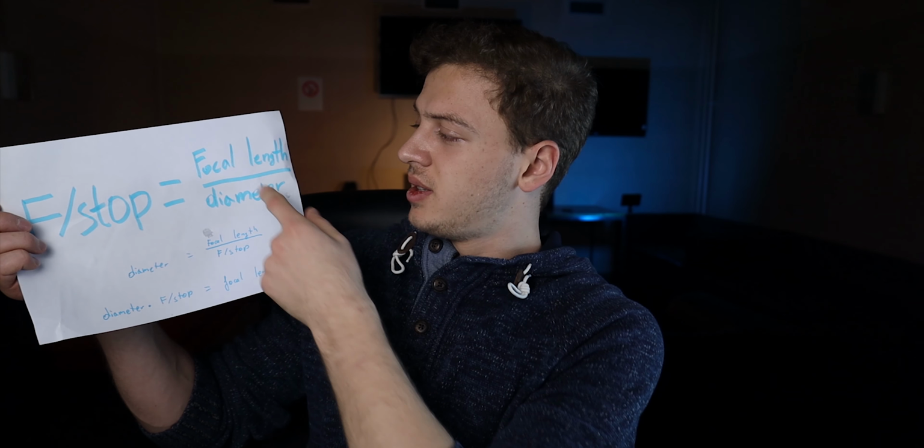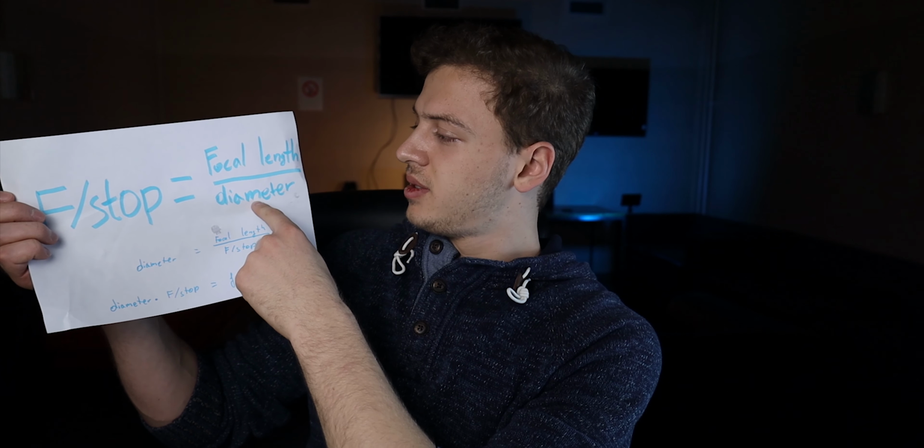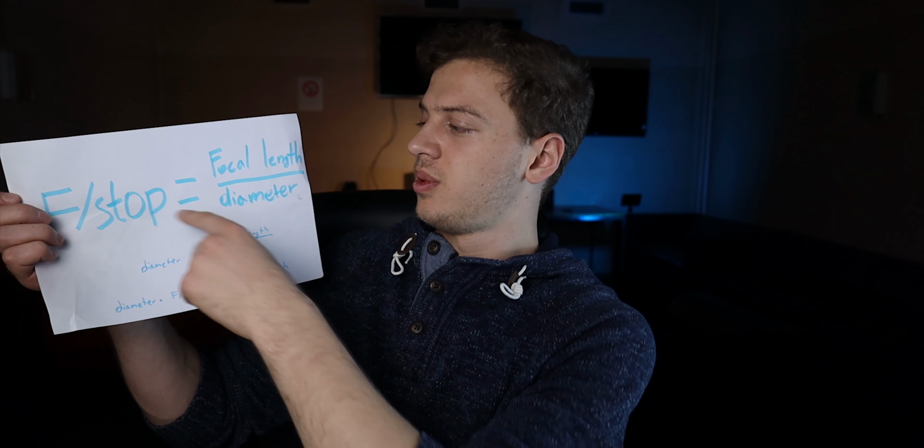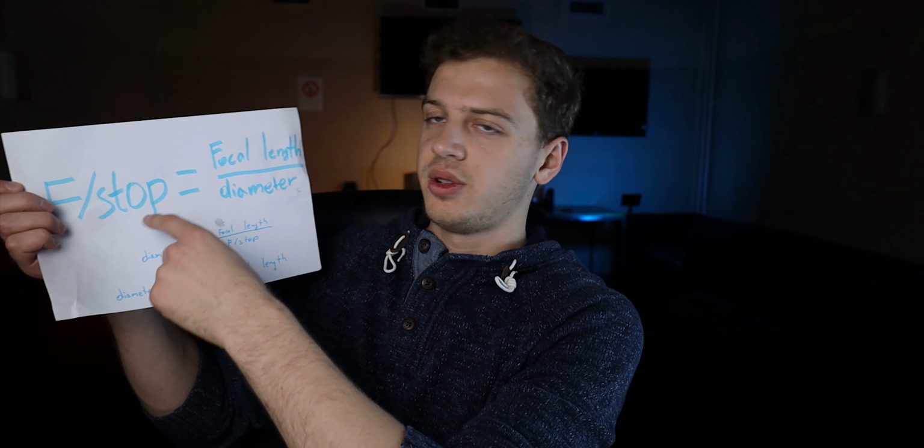The reason for that is that if you are dividing that number by a larger number now, that will of course give you a smaller number in return. And that is again why the lower f-stop numbers mean the larger aperture. I hope that is clear by now.